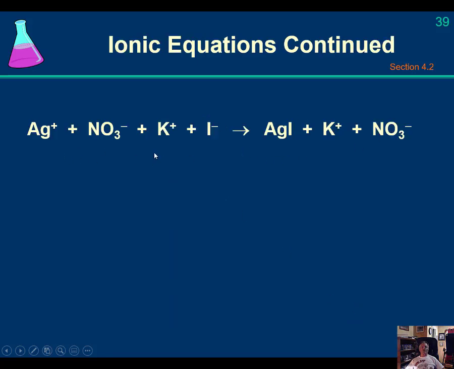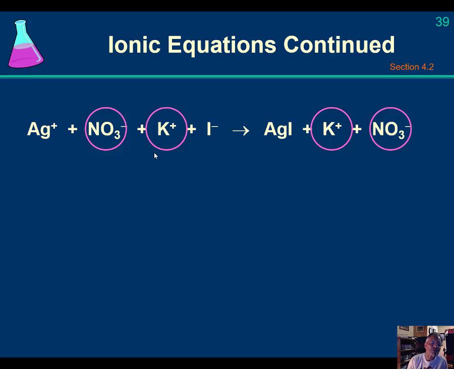What I want to do is identify what we call the spectator ions. Here's how you identify the spectator ions. Look for the ions that are the same on both sides of the equation. So I'm just going to call these SIs for spectator ions. Sorry to the SIs.